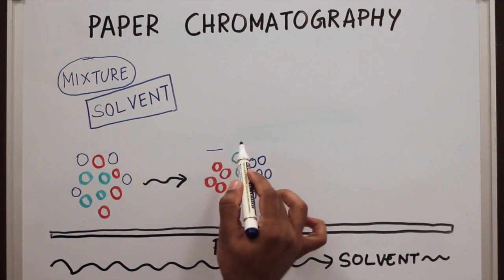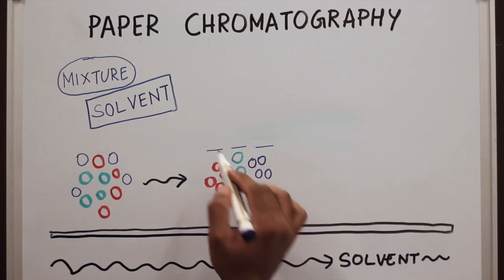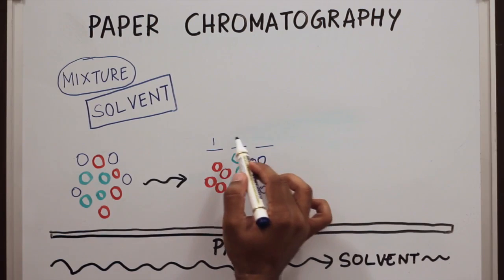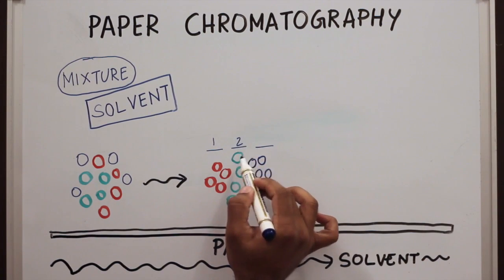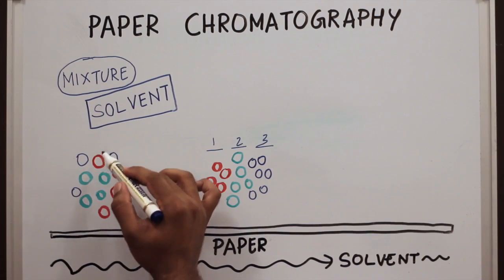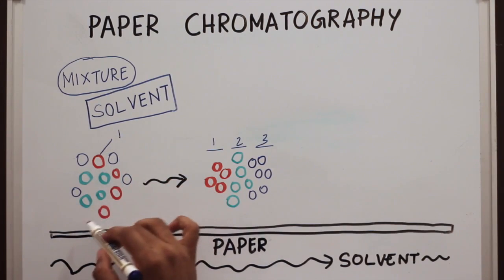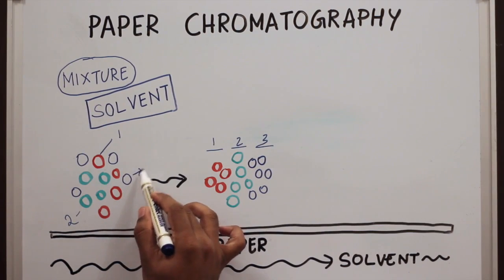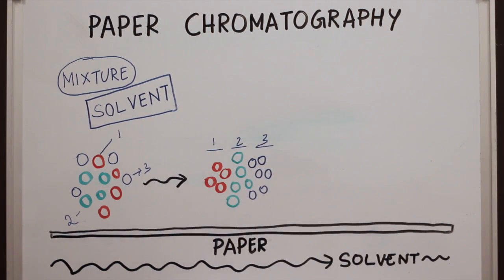So this is the first one, that is red, second and the third. Let me call it 1, and then we have the green ones as 2, the second component, and the blue ones as the third component. If you see them at the first place, you would see them all mixed, the first and the second one and also the third one. So they are moving at different distances.